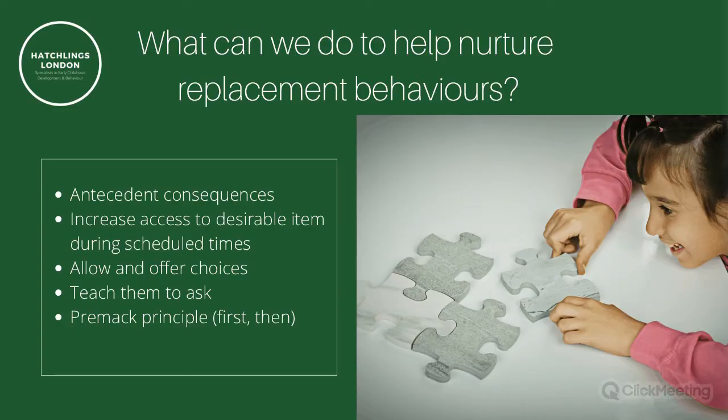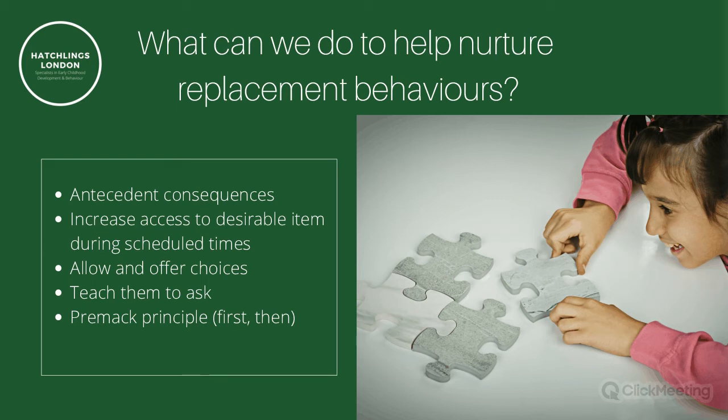So when we're thinking about what we can do to help nurture these replacement behaviors, we can look at something called antecedent consequences, which I will go over in the next slide. This means preempting the behavior before it actually happens and warning your child before it happens. We can increase the access to desirable items during the scheduled times.